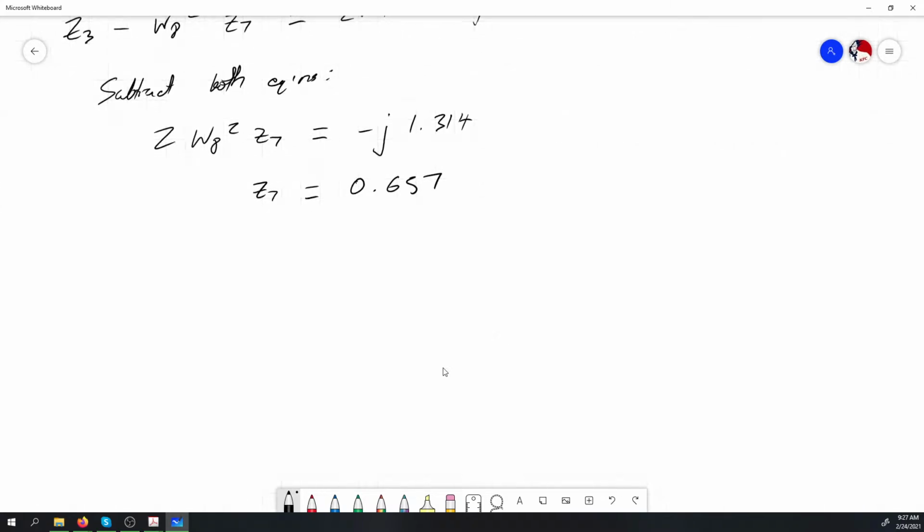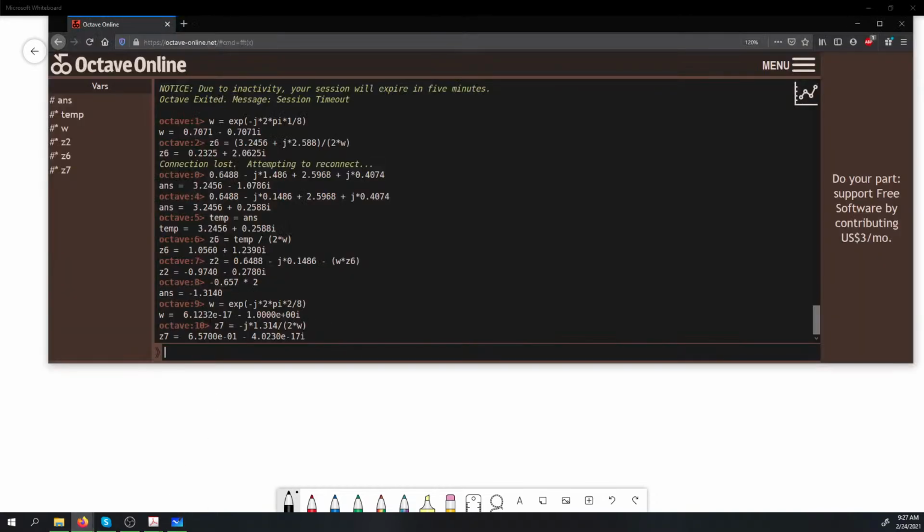Just pay attention to that when you use Octave in particular. Once you see these weird exponent values, these values are really, really small in nature. So if you see e to the positive 0.0i, this is going to be 10 to the power 0. And if you see e to the negative 17, this is 10 to the power negative 17. So this value here is going to be really, really small.